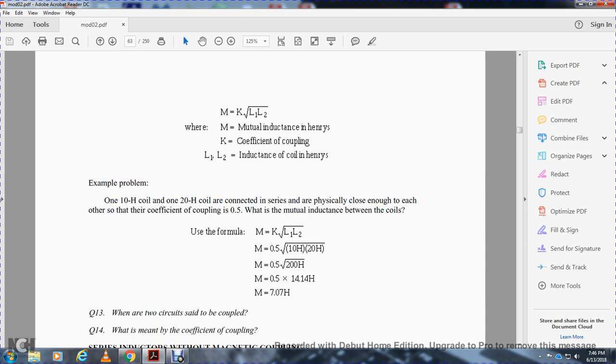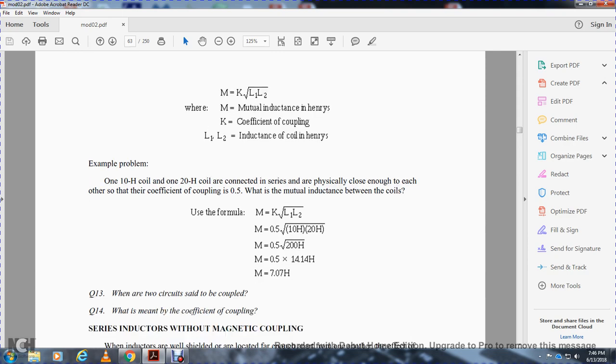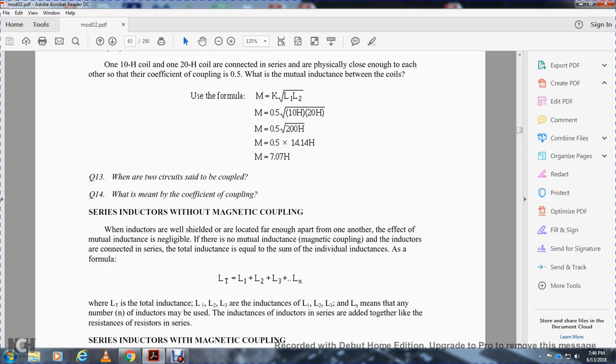Mutual inductance equals K times the square root of the inductance of coil 1 times the inductance of coil 2, in henries. You get the square root of 200, which is 14.14 henries, times the coefficient of coupling 0.5, which gives a mutual inductance of 7.07 henries.